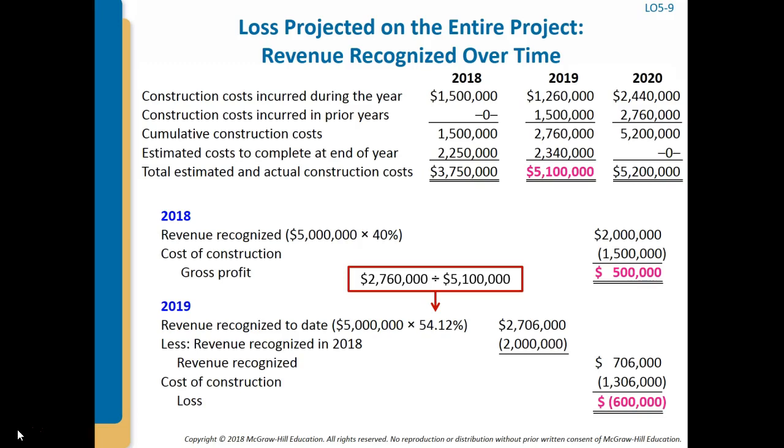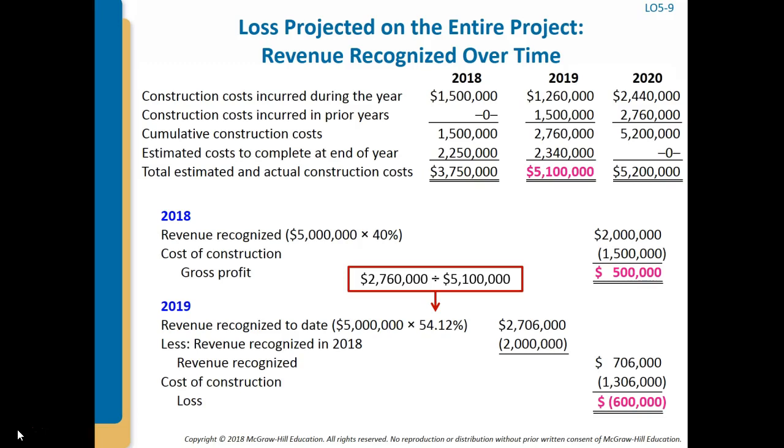Then we can back into the cost of construction by adding the amount of the loss recognized to the amount of revenue recognized. For example, in 2019, Harding has to back out gross profit of $500,000 recognized in 2018, and then to add to that amount the $100,000 overall loss it thinks will occur on the contract.